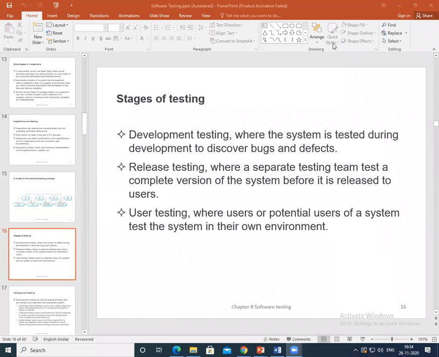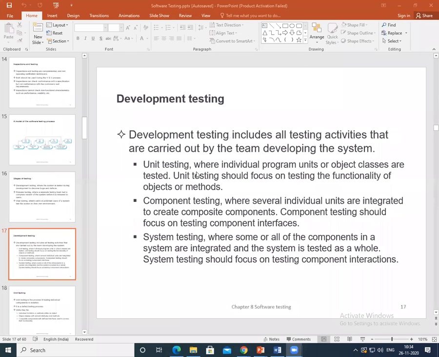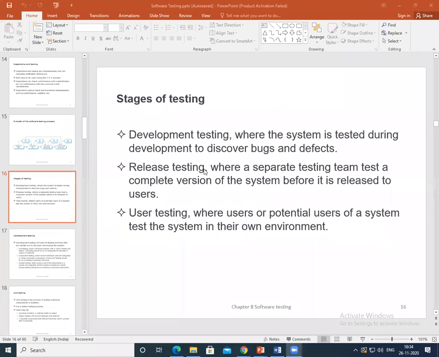So development testing means what? It is the topic that we are going to start today. Development testing: here the system is tested during the development. That is, when you're writing code, the system is tested during the development to discover any bugs or defects we have in the code.